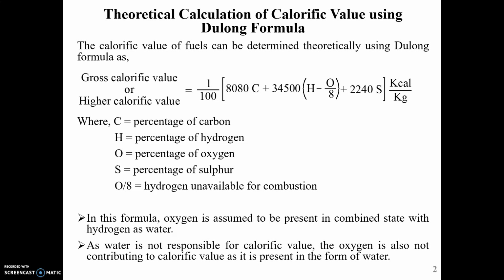Here, the Dulong formula for calorific value is: the gross calorific value, which is also called the higher calorific value, is equal to 1/100 [8080 × percentage of carbon + 34,500 (percentage of hydrogen minus percentage of oxygen/8) + 2240 × percentage of sulfur].